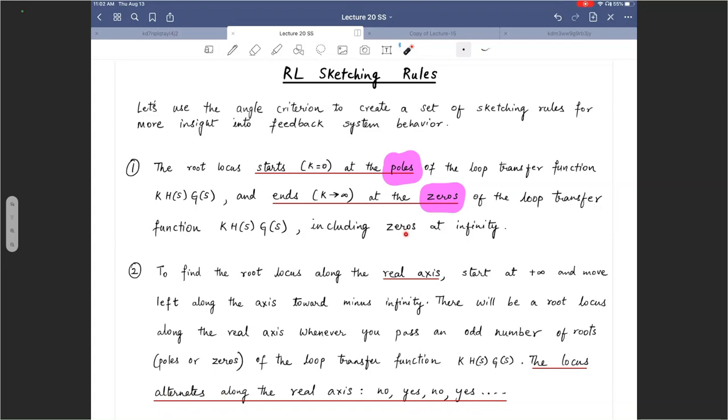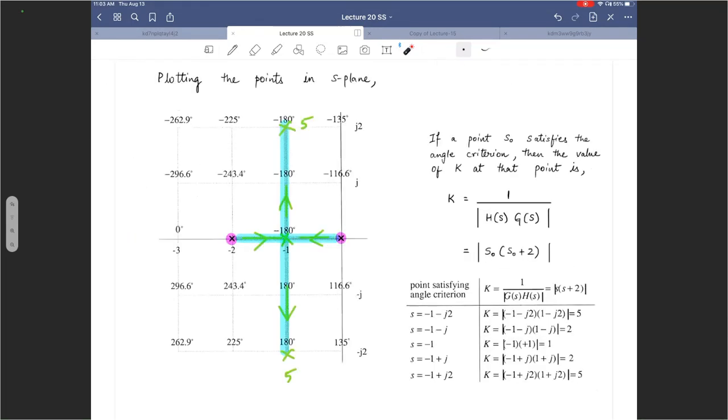So for example, if I go back here, where does this end? It is coming here, it is breaking away at -1, but where is it going after that? Well, there is no zero in this system. The system here is 1 divided by s times s plus 2.